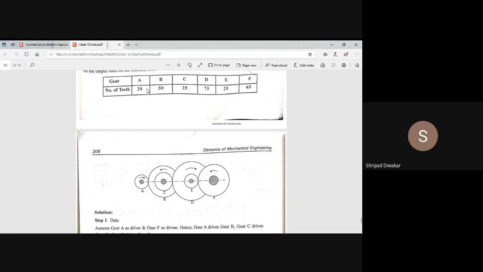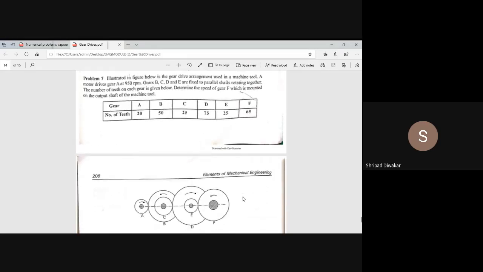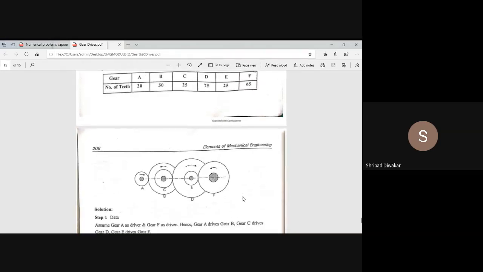TA is 20, TB is 50, TC is 25, TD is 75, TE is 25, and TF is 65. So everything they have given, your aim is to find out the speed of the last gear. They have given only the number of teeth.